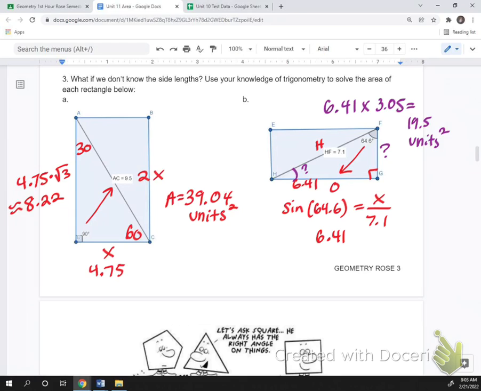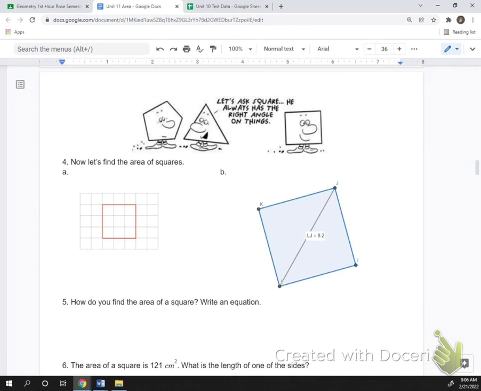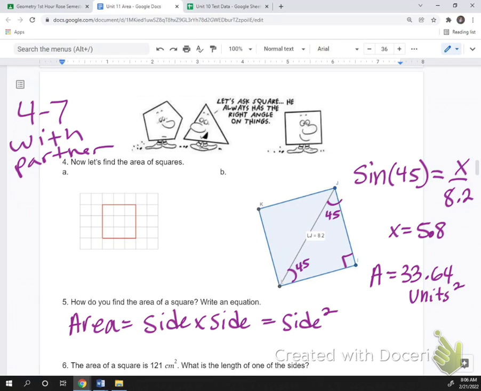We're talking about squares. So we're going to check in after you've done 4 through 7 with your partner. Questions on 4?